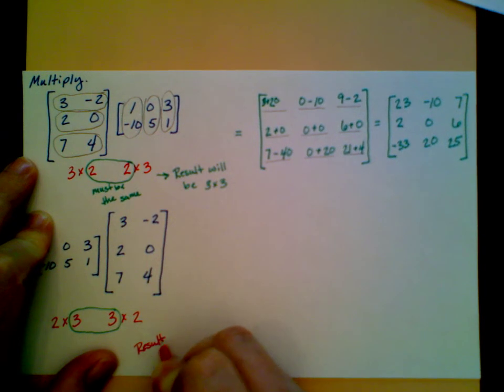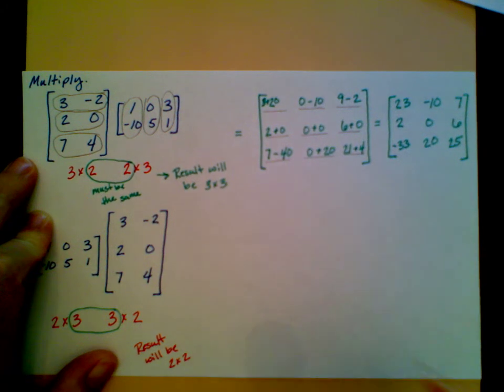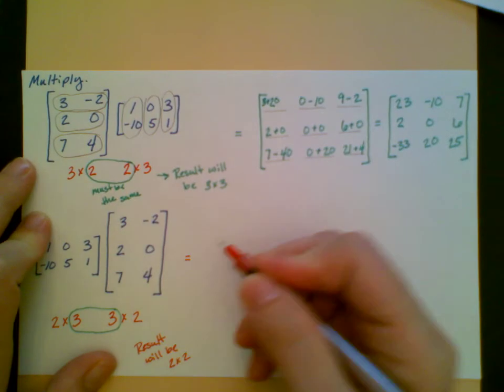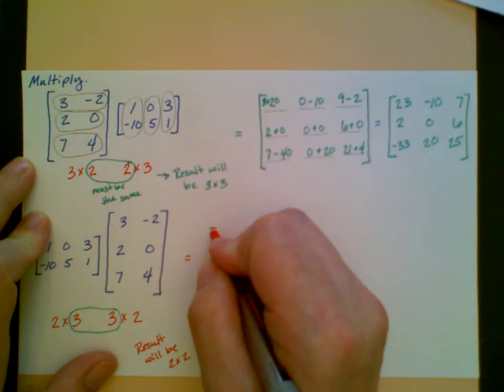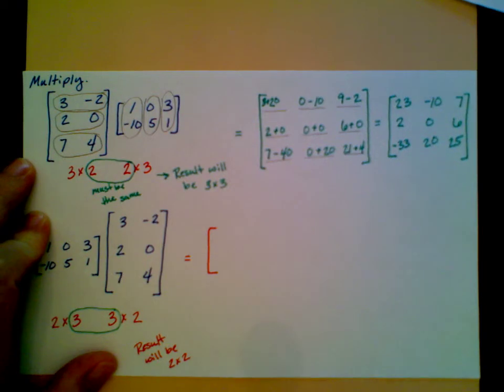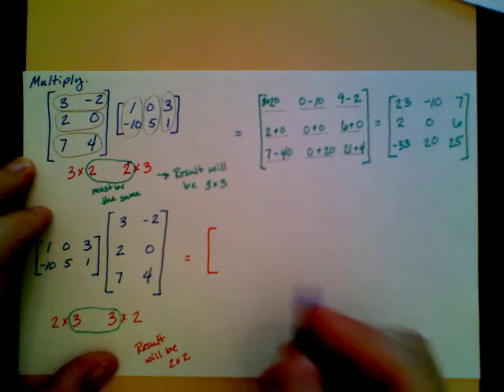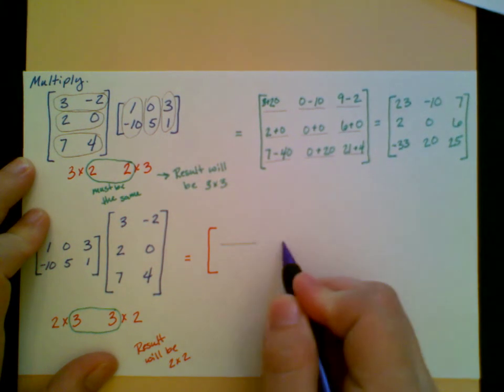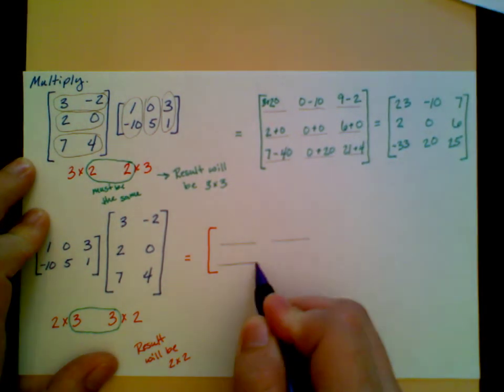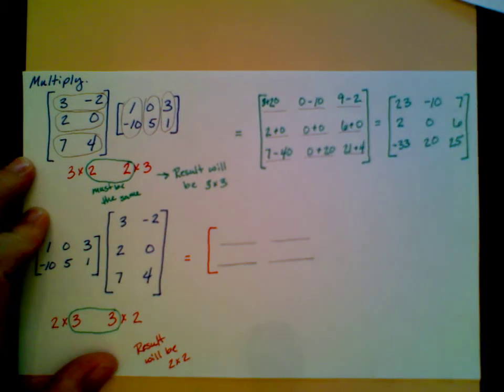So result will be a 2 by 2. I'm going to lightly draw myself some blanks here. When you're doing this, you may just want to leave enough blank space.